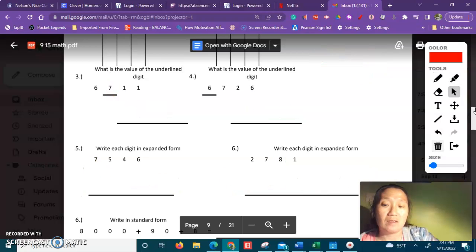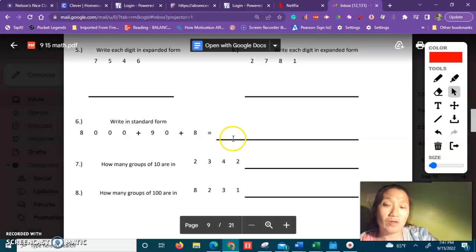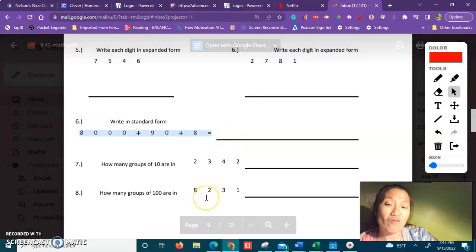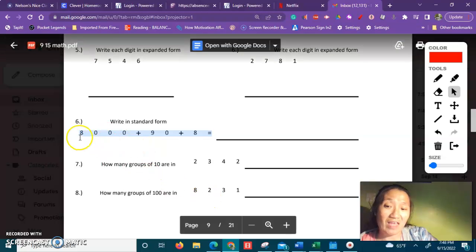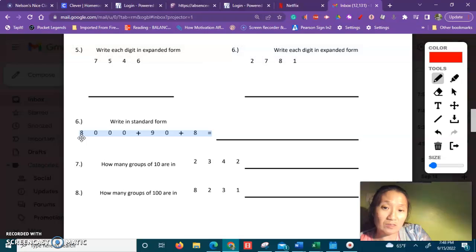Okay? Alright, so now we are going to look at writing this number right here in standard form. So, I know that I have 8,000, and you can write it this way. You can say, okay, so I have this 8,000, put an 8 with 3 zeros behind it.